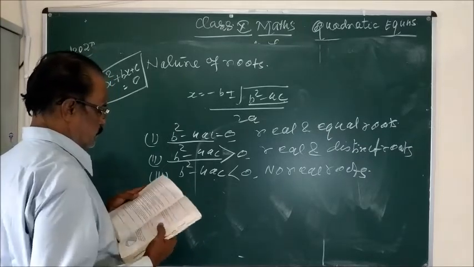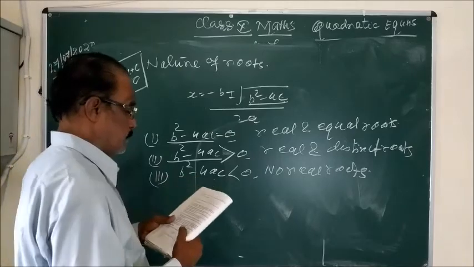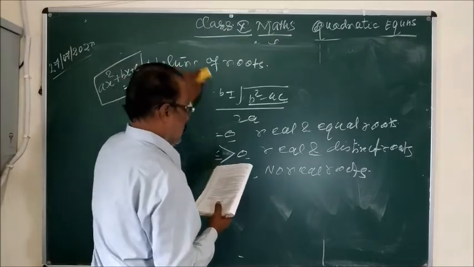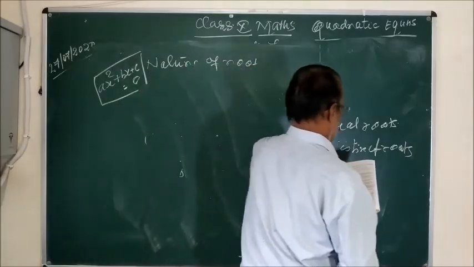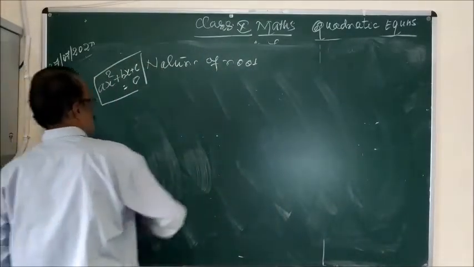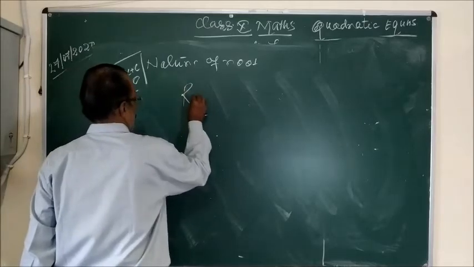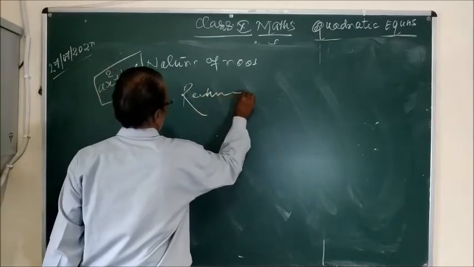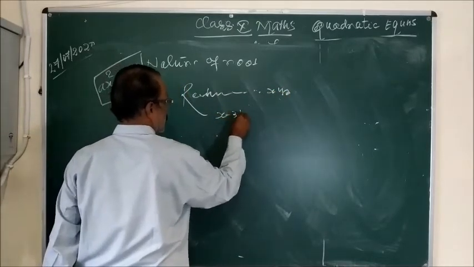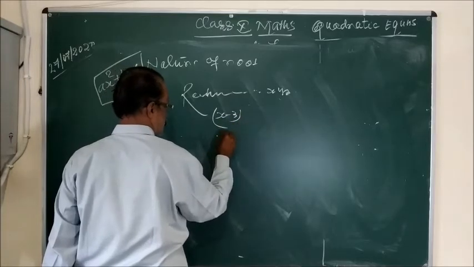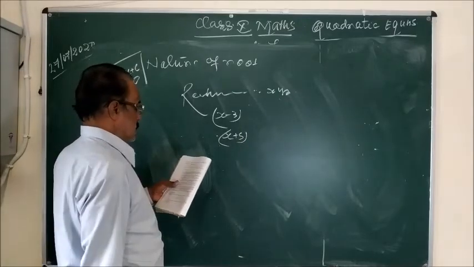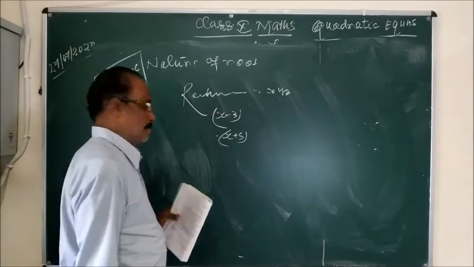Now you see question number 4: the sum of the reciprocals of Rahman's age 3 years ago and 5 years from now is 1/3. Let Rahman's present age be x years. So 3 years ago, this will be x minus 3, and 5 years hence, the age will be x plus 5.